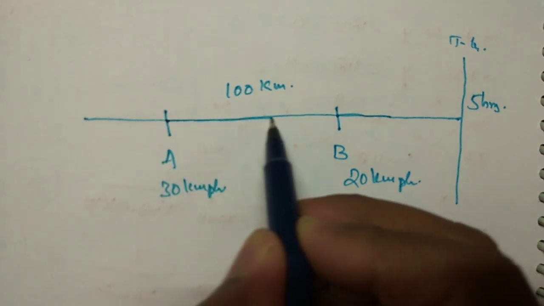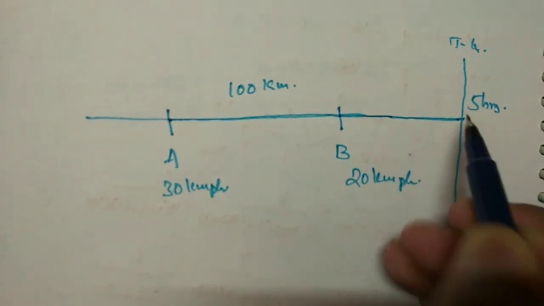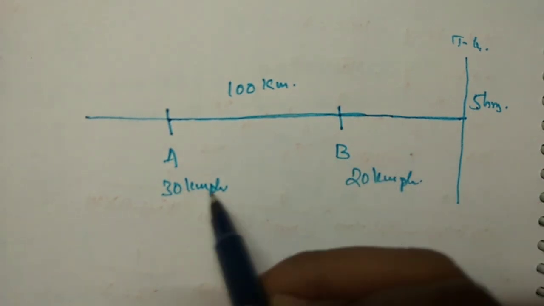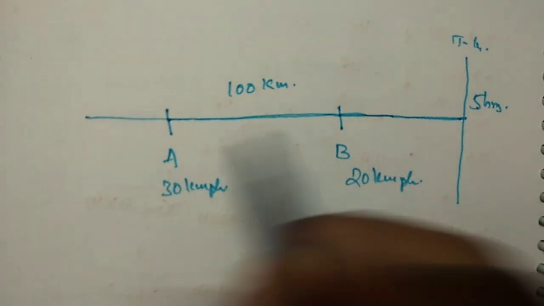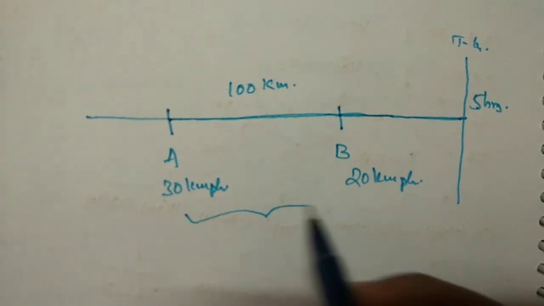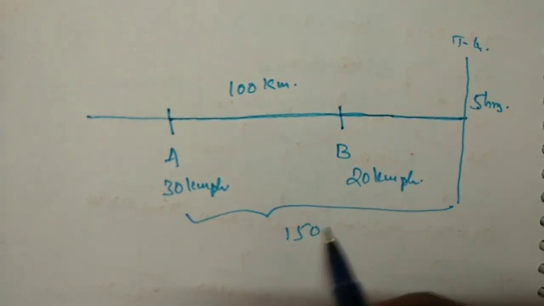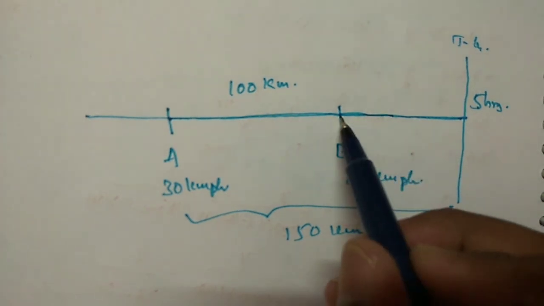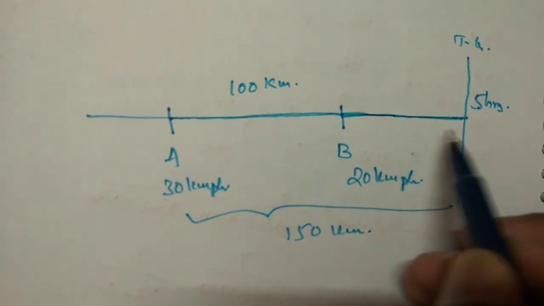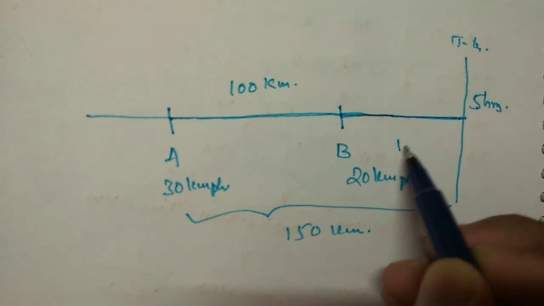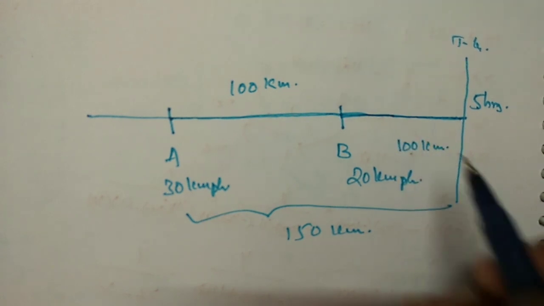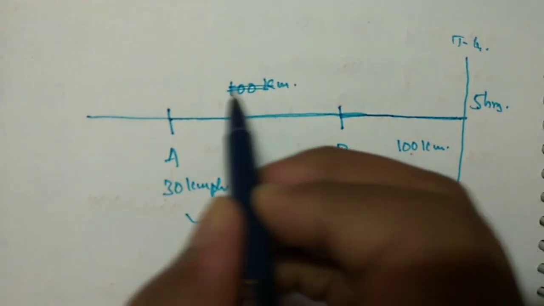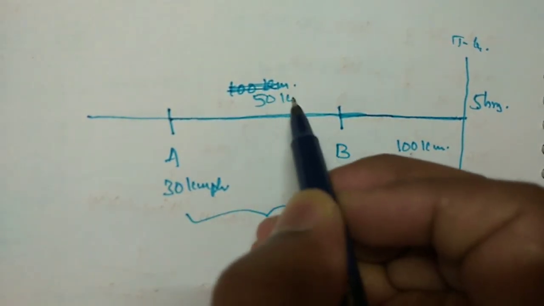So the distance traveled by car 1 in 5 hours, at 30 kilometers per hour speed, is 150 kilometers. So car B can travel 5 20s, 100 kilometers. This is not 100, 50, take it.